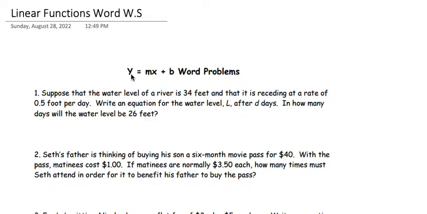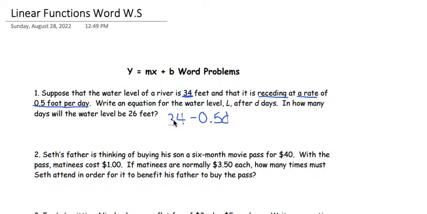So the first thing that the question tells us is that the water level right now is at 34 feet. The water is receding at a rate of half a foot per day. So right now the river's at 34 feet, and then every day it is receding by half a foot.